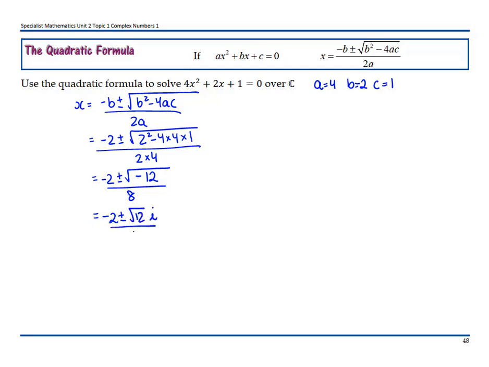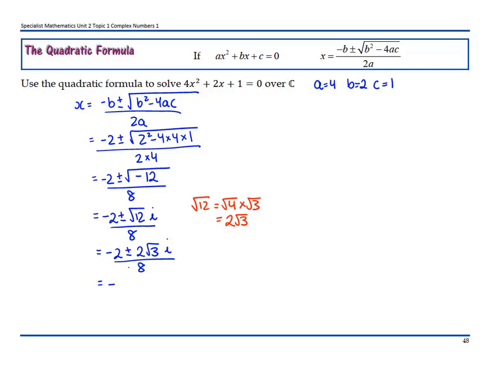which is negative 2 plus or minus square root of 12i all over 8. And the square root of 12 can be simplified. So square root of 12 is the square root of 4 times the square root of 3, which is 2 root 3. So this becomes negative 2 plus or minus 2 root 3 i all over 8. And we can bring out the 2 at the top.